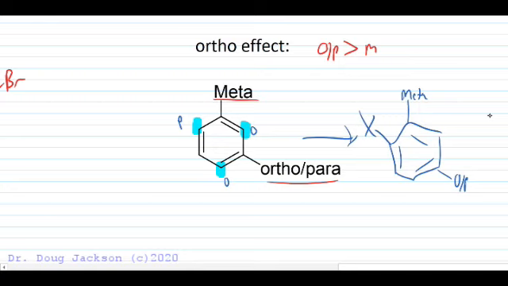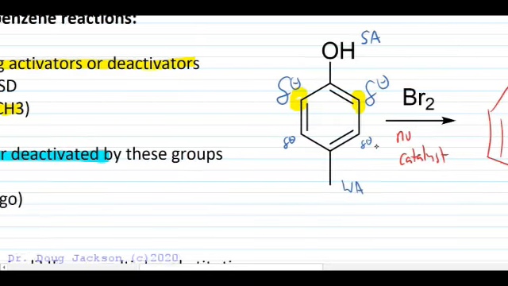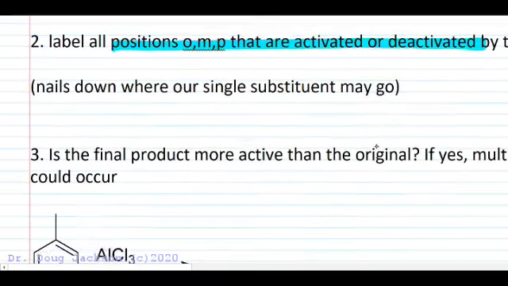So what you tend to see is a product that goes ortho to the meta group. It's a misnomer, ortho effect, but that tends to be the major product in those situations, this one major product. So it's para to the ortho-para director, but ortho to the meta group there.